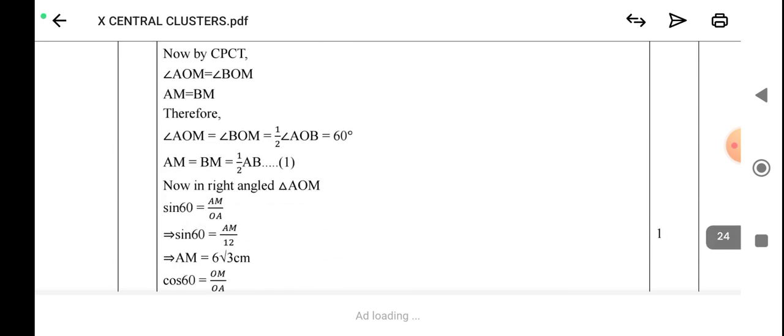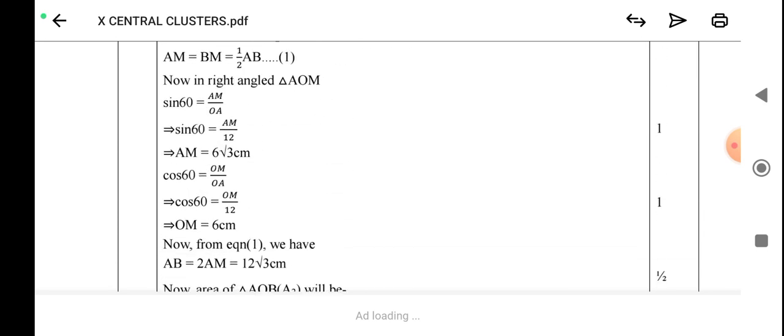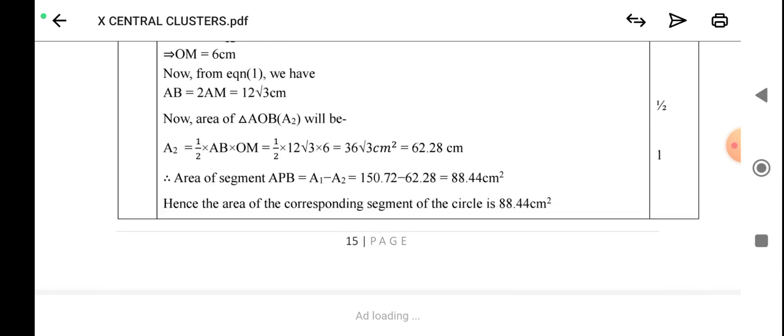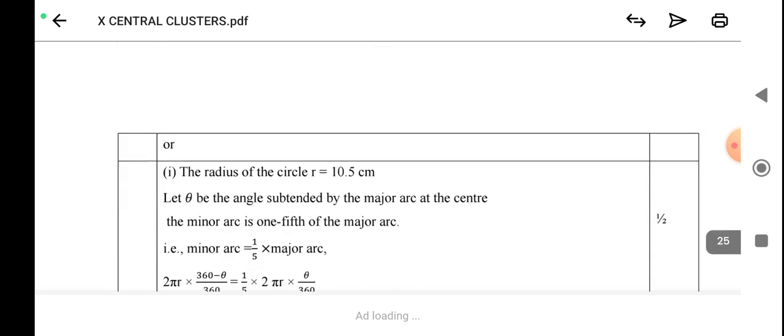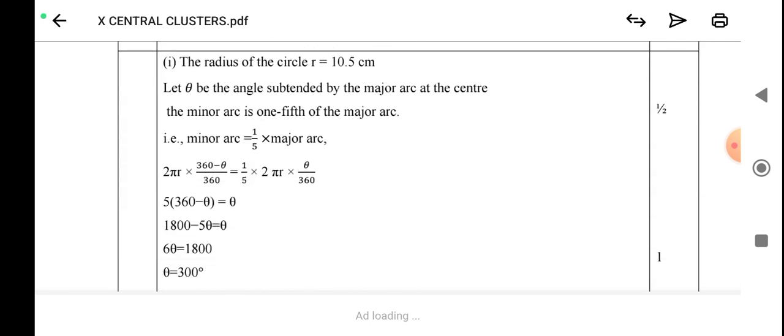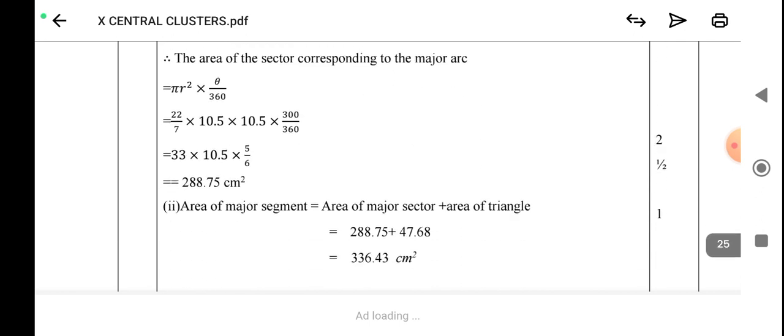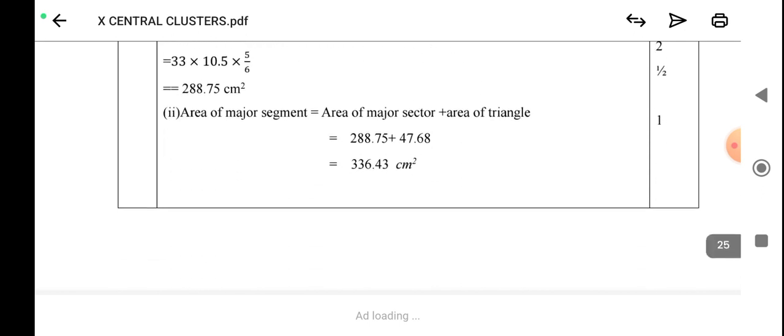Start solving. It is areas related to circles only. It looks like somewhat trigonometry, using the area of a minor segment only. Again, the same model it is. Got the value 336.43.